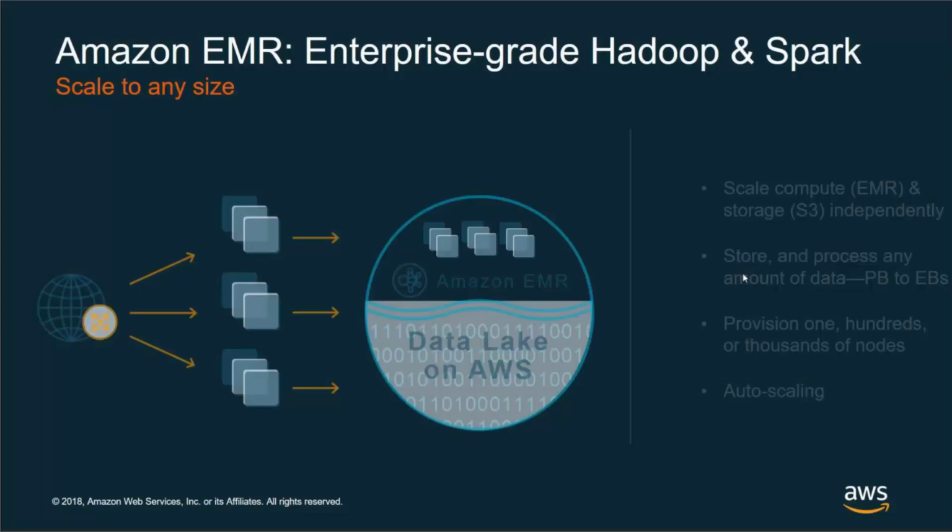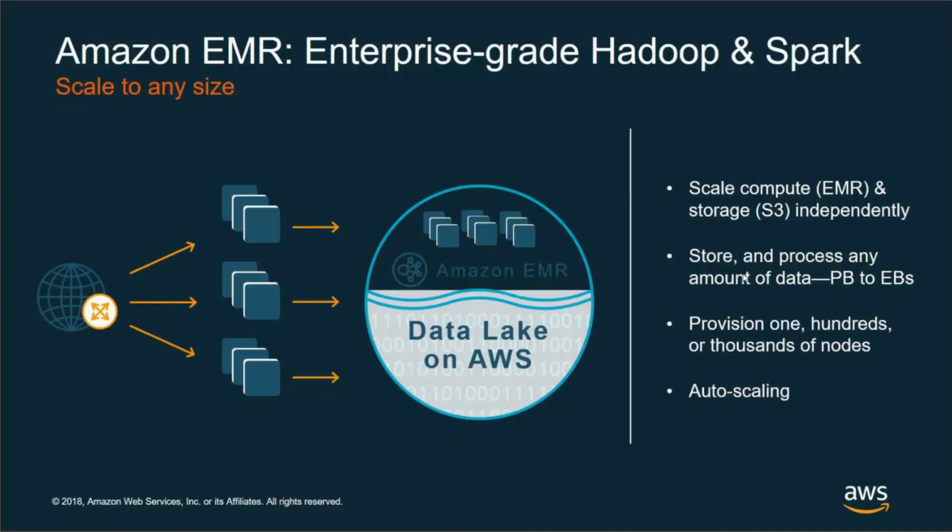So EMR is a way we allow AWS customers to run managed clusters of the Apache Hadoop framework and Apache Spark frameworks. This allows customers to avoid the heavy lifting of installing, maintaining, upgrading the applications you need to use in your analytics and big data pipelines.